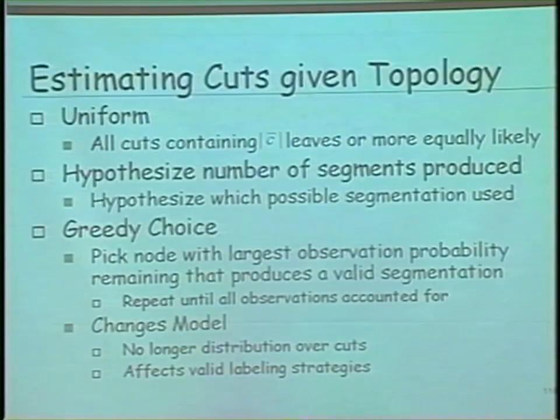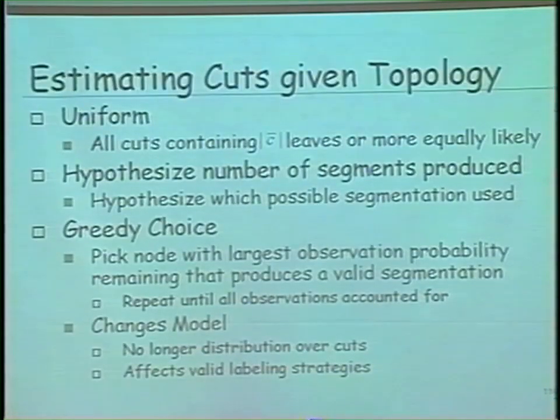Another approach is that we're going to look at the probability of view as being a composition of the probability of the number of segments produced. So maybe there are often 5 or 6 things in an image. There probably isn't one thing in an image or 24 separate things in an image. And then once we know the number of segments, we're going to hypothesize how those groups actually segment the image.